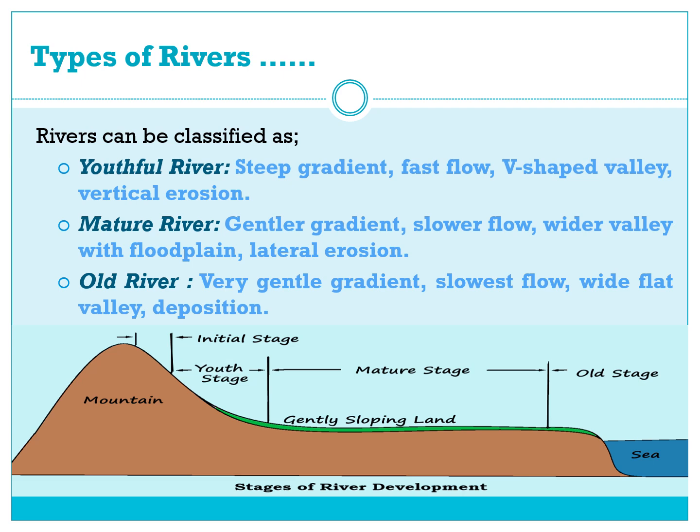A mature river. As the river moves into its mature stage, it starts to settle down a bit. The gradient becomes gentler and the flow slows down. The valley widens and we start to see the development of a floodplain, a flat area on either side of the river.